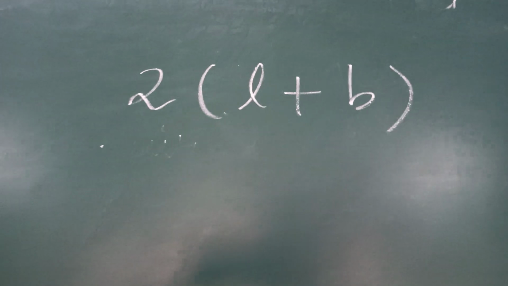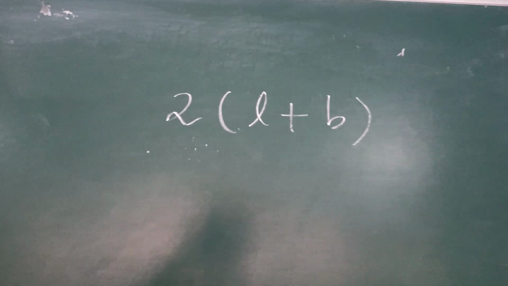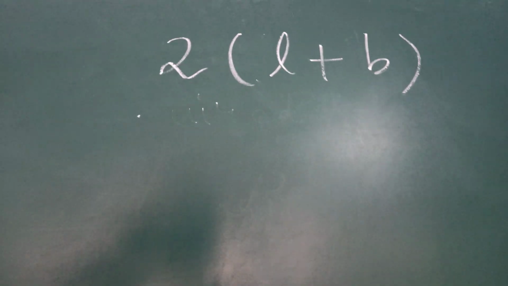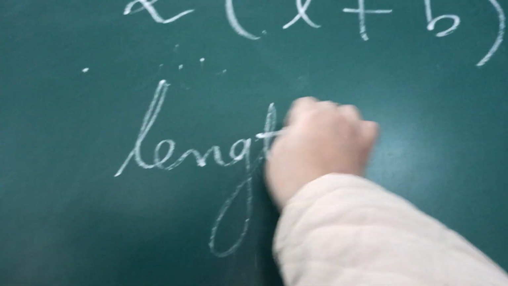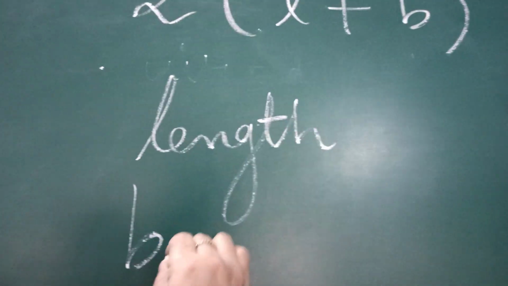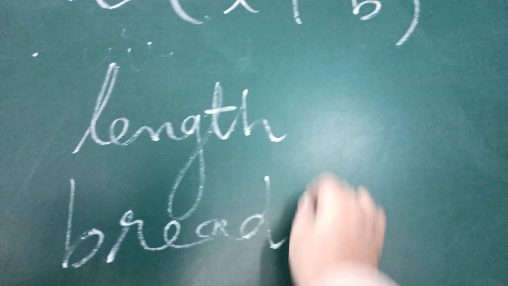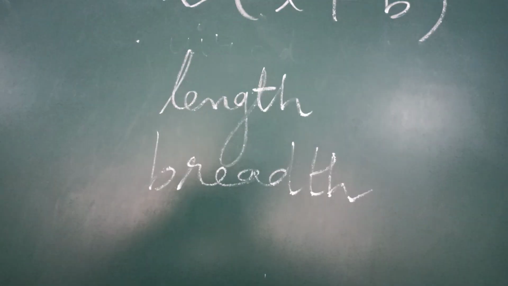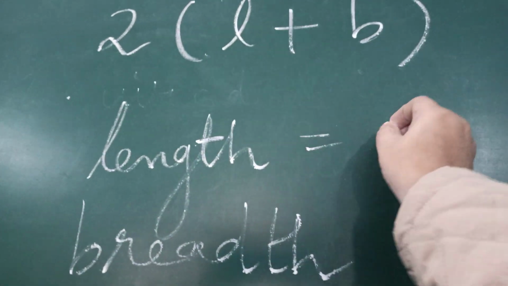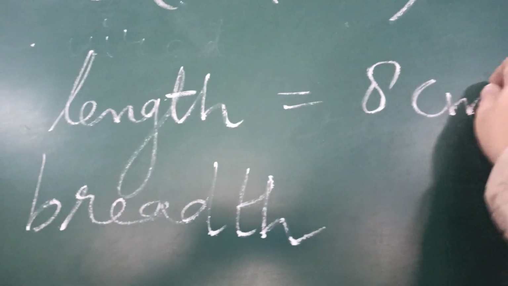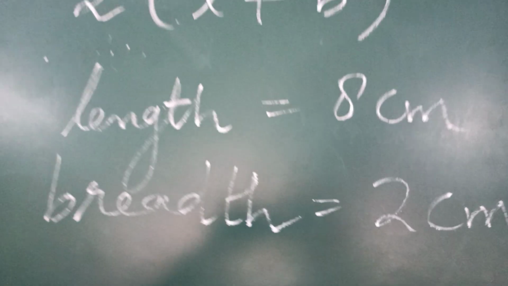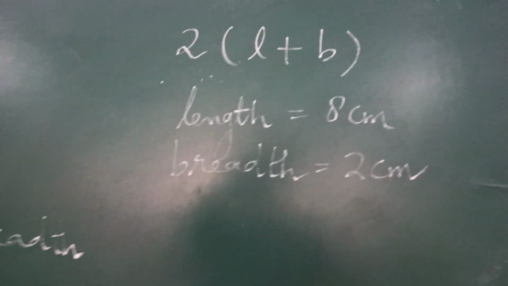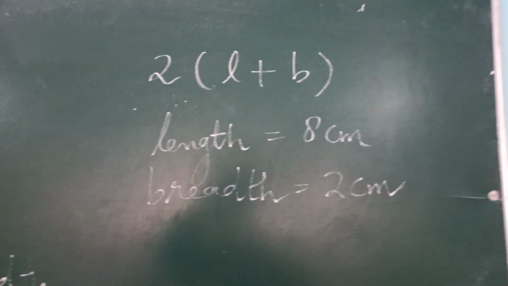Okay, now whenever I have to find the perimeter of the rectangle, I will have the length given in the question and the breadth given in the question. So, suppose my length is equal to 8 centimeters and my breadth is equal to 2 centimeters, and they say that you have to find the perimeter of the rectangle.